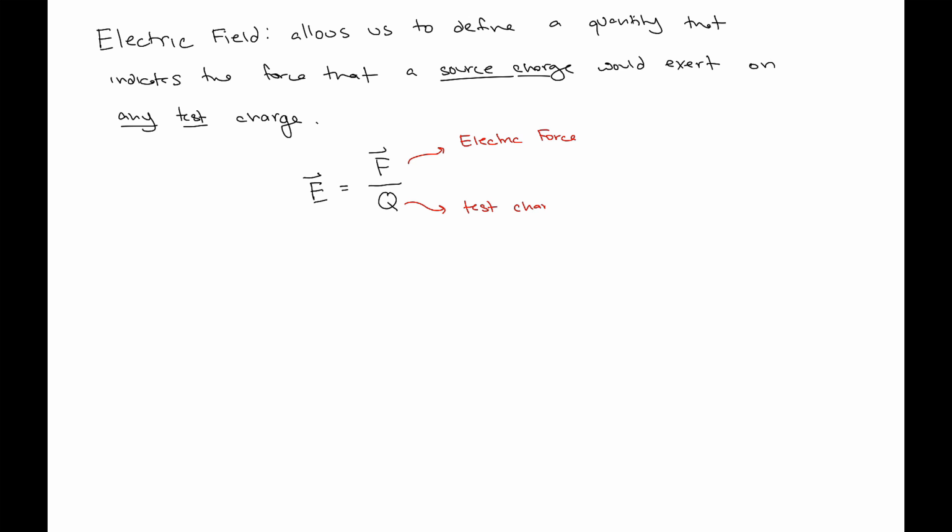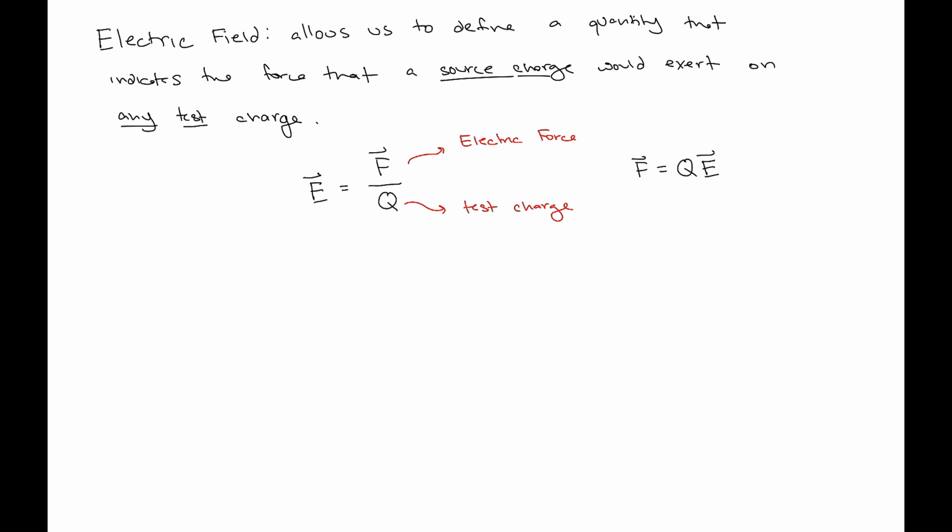So if you did have a measurement device that was measuring the electric force experienced by some test charge, in order to get the electric field from that force, you would just divide what you got for the force by the test charge, and you would find what the electric field is. Of course, I could rewrite this equation to do the opposite calculation, and then the electric force would be equal to Q times E, the electric field strength, okay?